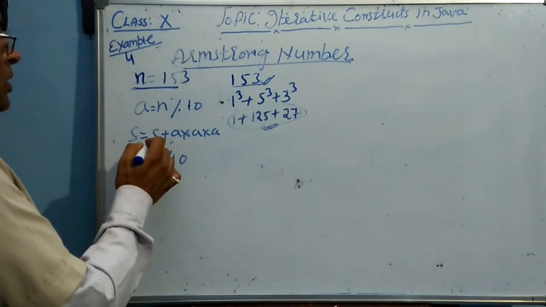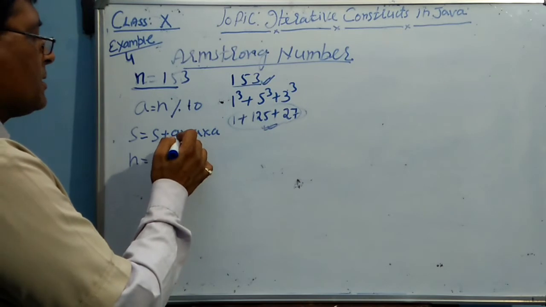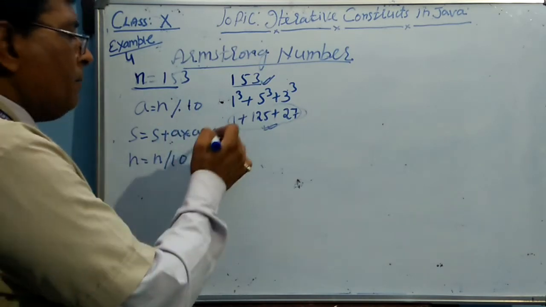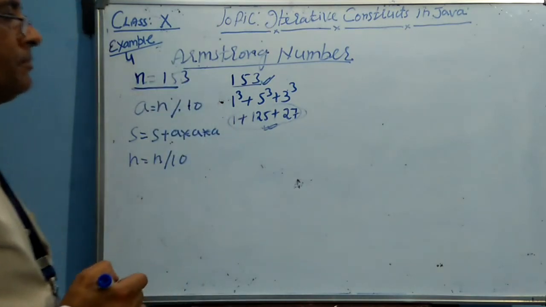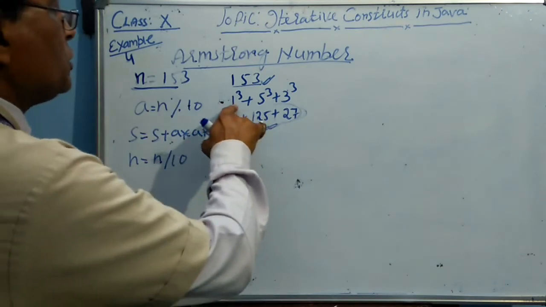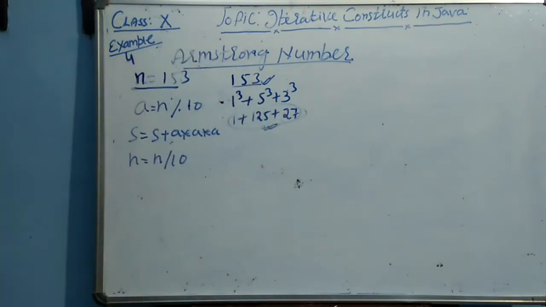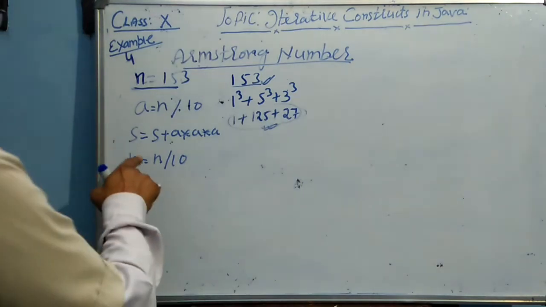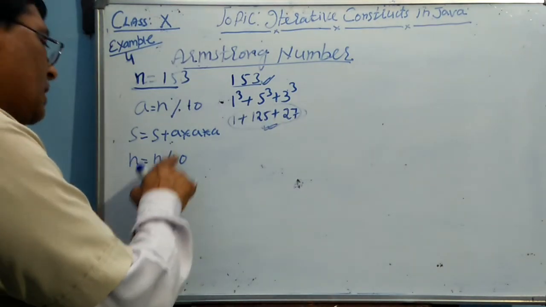Then s is equal to s plus a multiply a multiply a, for 3 digits, and n is equal to n divided by 10.